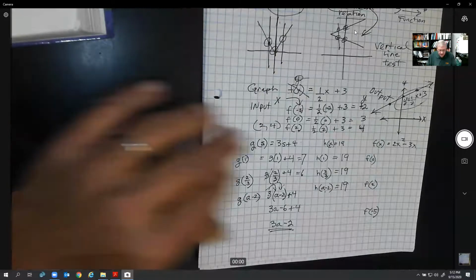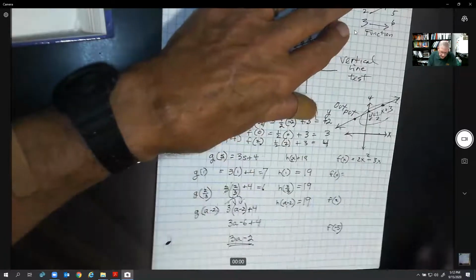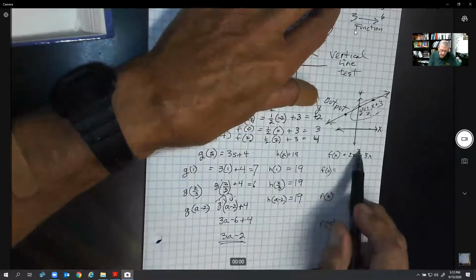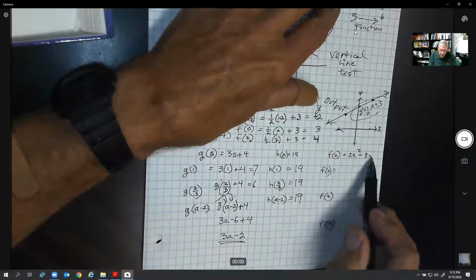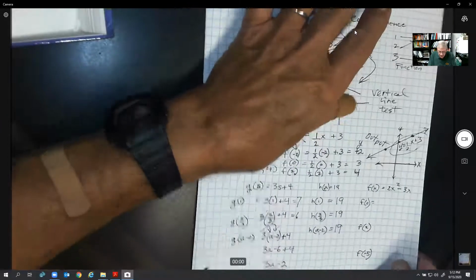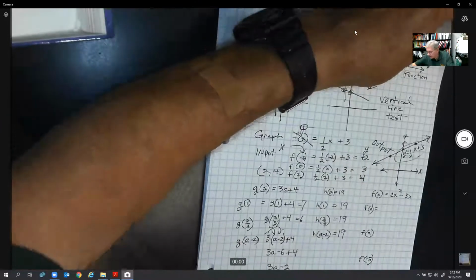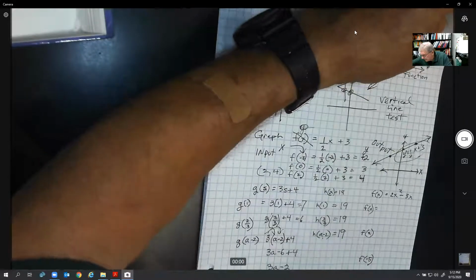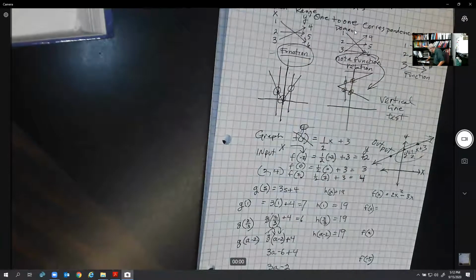Now, sometimes we have a more complicated one. So here's one with powers, 2x squared minus 3x. Let me write that on the back on another sheet of paper so you can see it a little bit. Maybe I'm writing a little small.